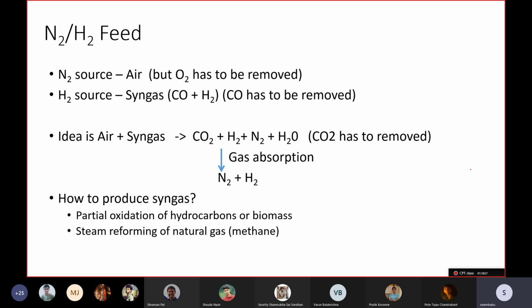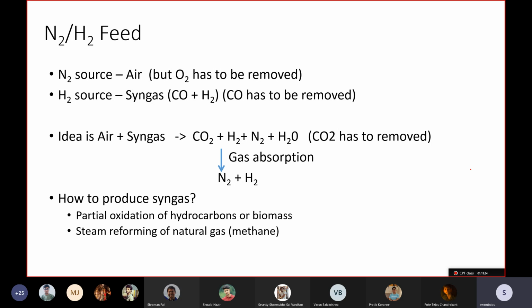So, how to get this N2/H2 feed? We don't have it directly anywhere as a raw material, N2/H2 feed in the stoichiometric ratio. But how do we get this N2/H2 feed? We need a nitrogen source.